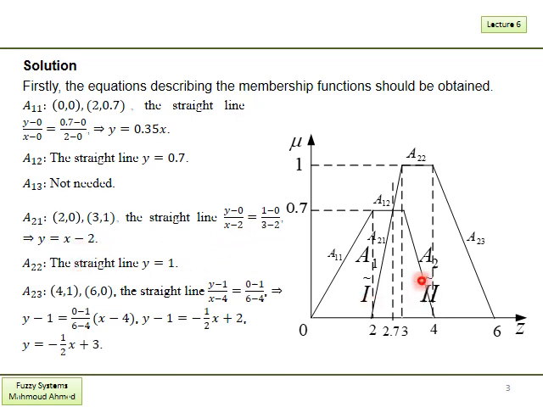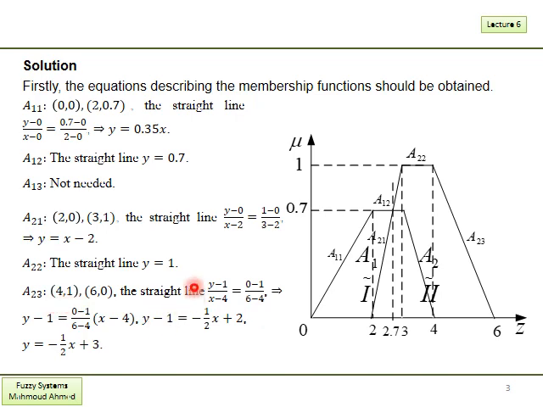For the straight line a22, simply y is equal to 1, and a23, which is noted by the points (4, 1) and (6, 0). The straight line can be expressed as (y minus 1) divided by (x minus 4) is equal to (0 minus 1) divided by (6 minus 4).